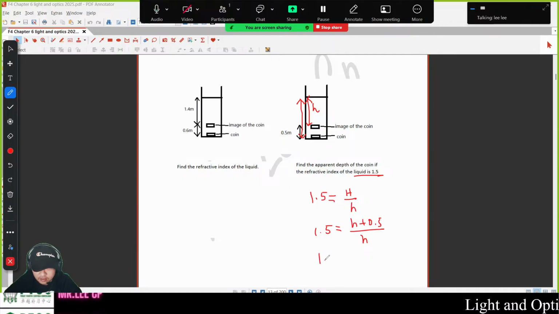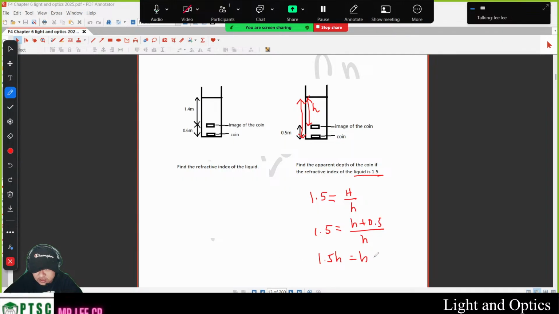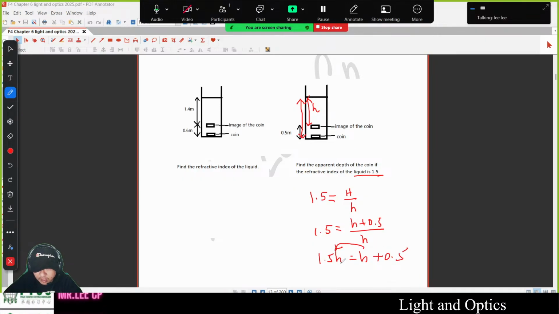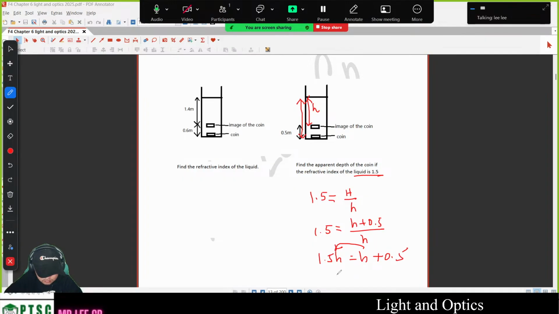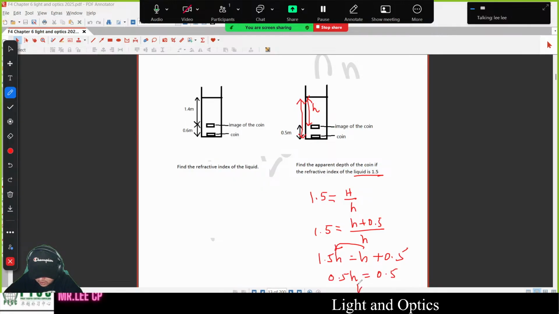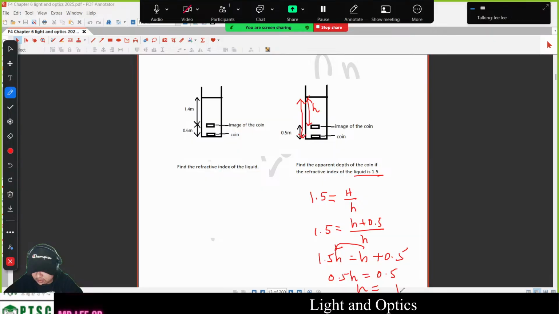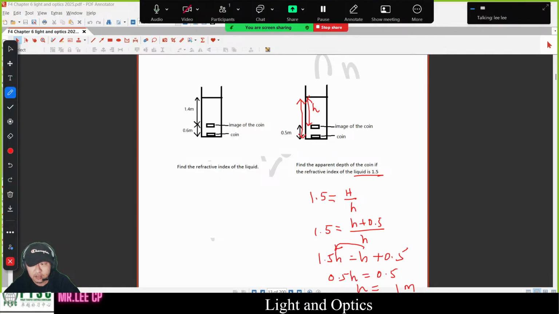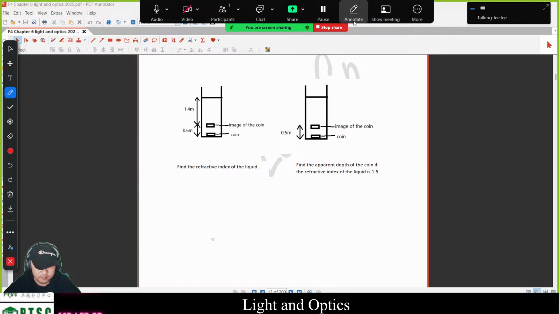Right? So 1.5 H is equal to H plus 0.5. You move this one to here, minus H. 1.5 minus 1 H, it is left 0.5 H is equal to 0.5. So H is 1. Unit, it is in meter. Okay, this is how you do it. Right, be careful.